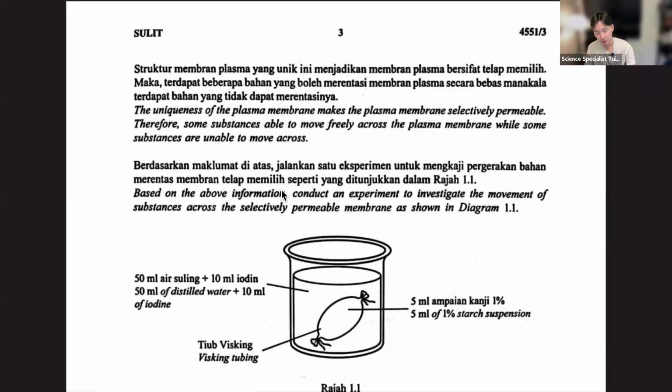So, ladies and gentlemen, the first thing that you look for when you take this paper is this: based on the information, conduct an experiment to investigate. This is the purpose of the experiment.